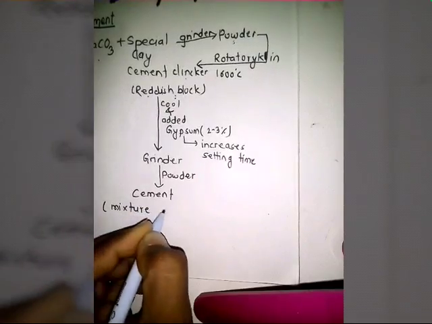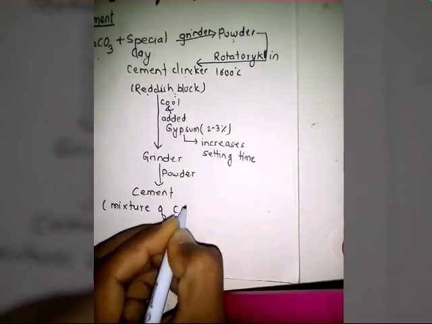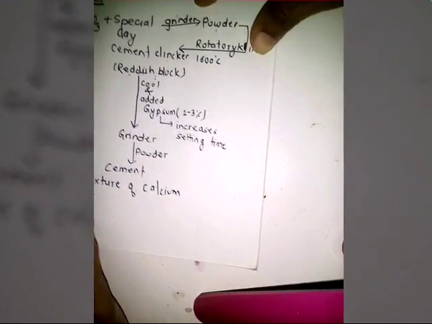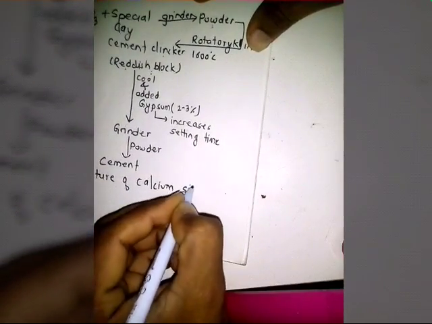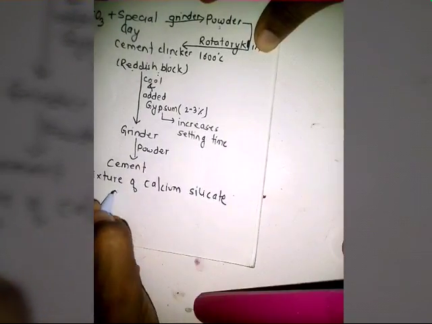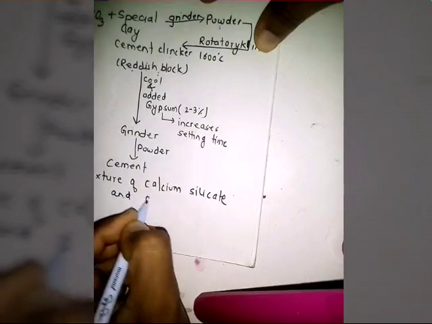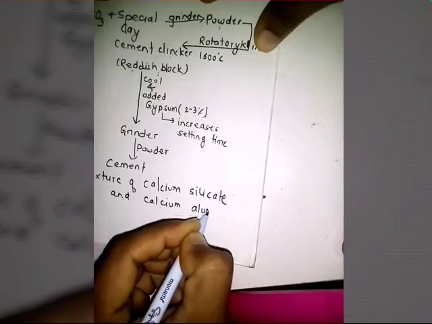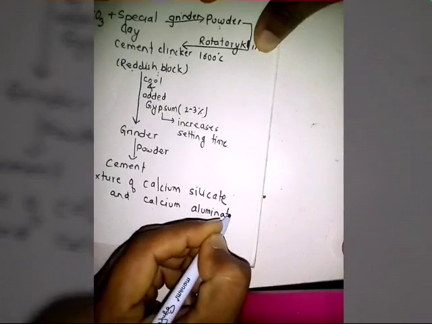It is a mixture of calcium silicate and calcium aluminate.